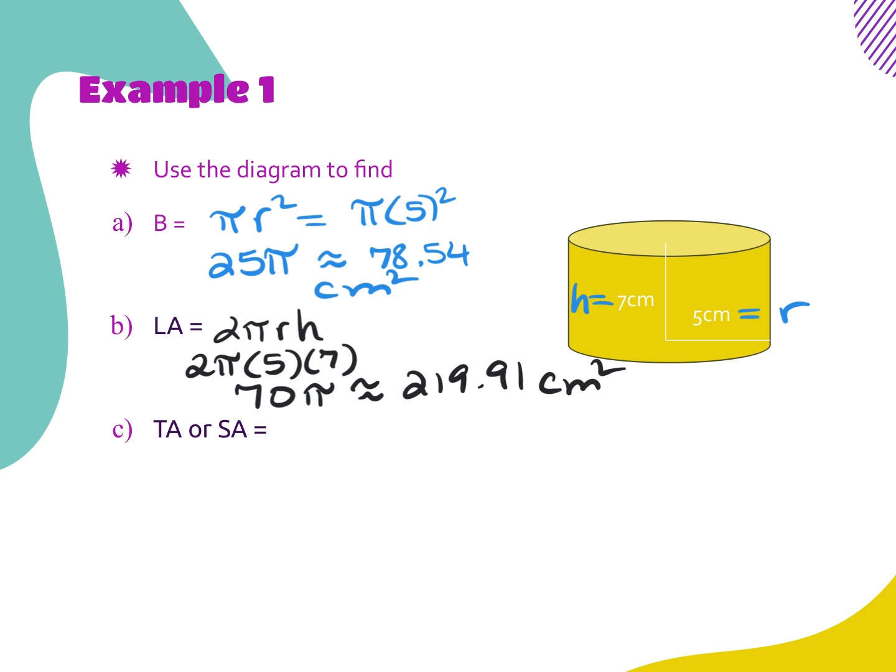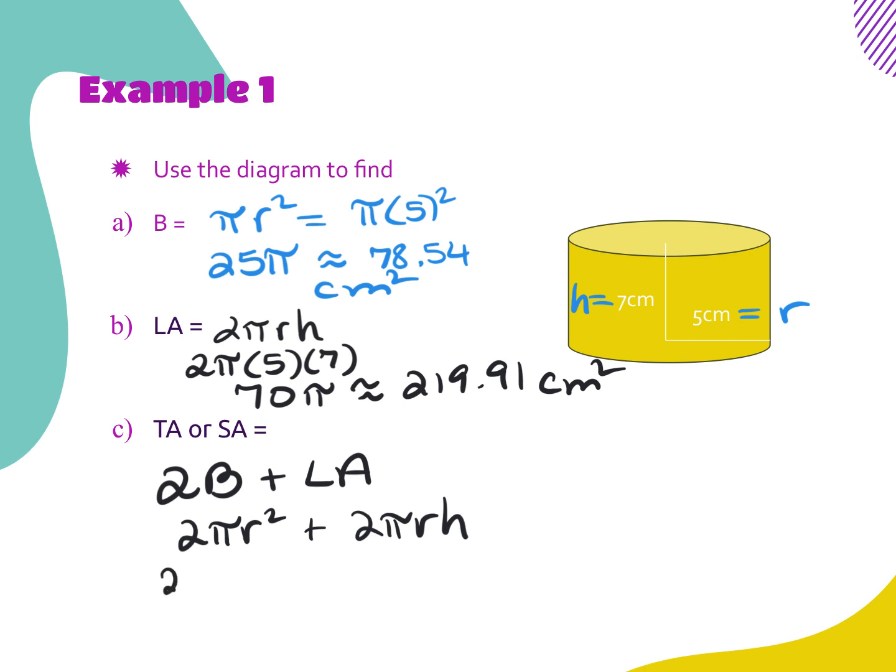And now for total area, remember it's 2 times the base area plus the lateral area. And again, you don't need to change the capital B. It's always pi r squared and then 2 pi r height. So if in the homework they're not asking you to find the base and then the lateral area, if they just say find total area, then just plug everything into this formula. So 2 times pi times 5 squared, plus 2 times pi times 5 times 7.